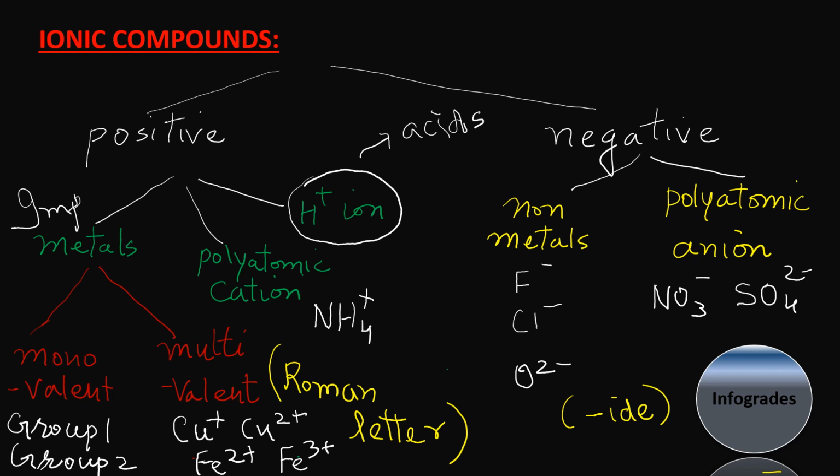Chlorine will be chloride, oxygen will be oxide, nitrogen will be nitride, like that. So non-metal names end with ide. We don't change the name if a polyatomic anion is present; we just keep it as it is. If it is nitrate, keep it nitrate. If it is sulfate, keep it sulfate. So this is just a quick summary, just some touch up. We're definitely going to go into details.